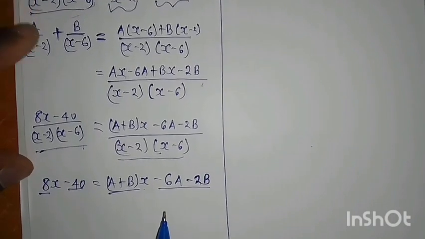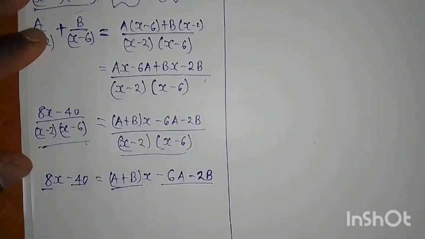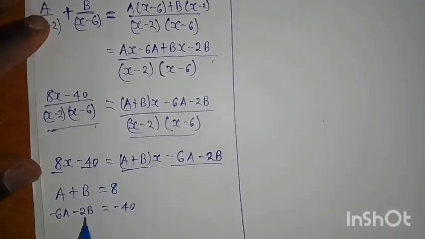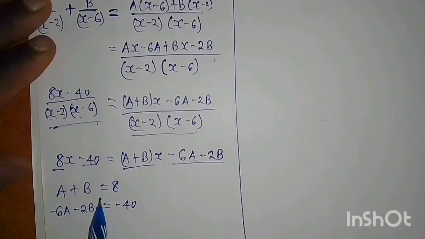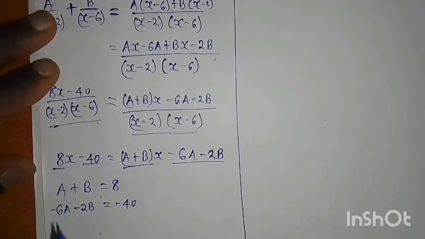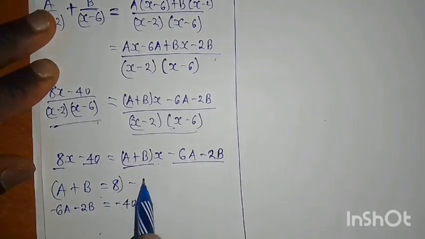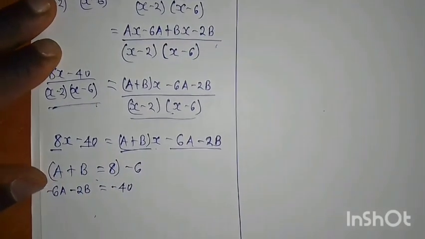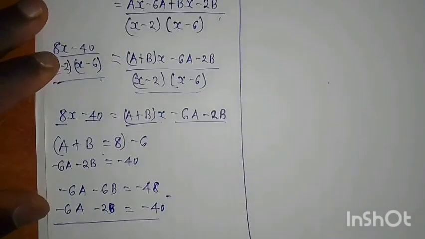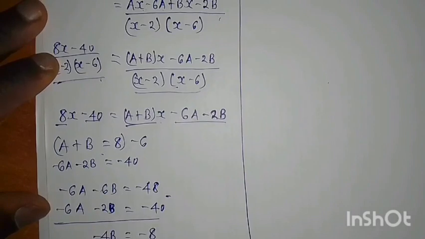So we write the equations as, so we now develop simultaneous equations. So we want to find these values by using the elimination method. Let us multiply this by -6. So subtracting these values, we have b equals -8.